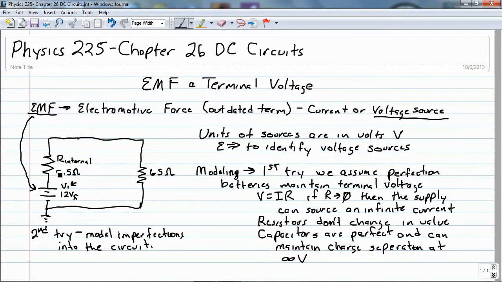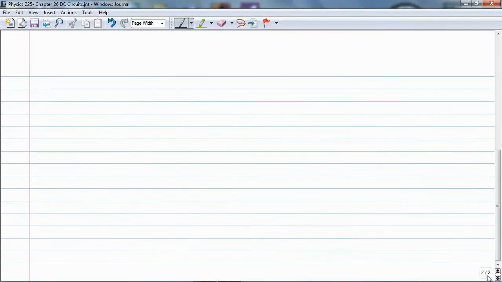This model of the imperfection, looking at this whole piece as a battery, starts to have some very noticeable effects on the circuit.